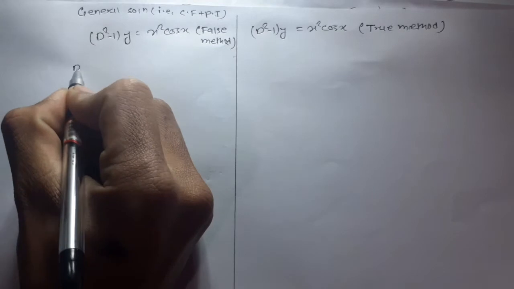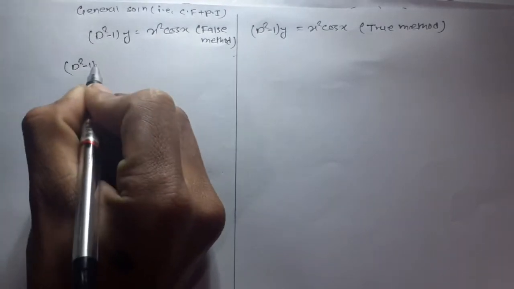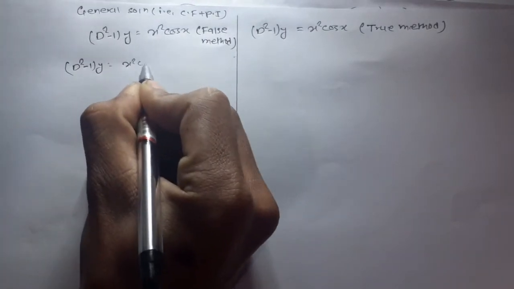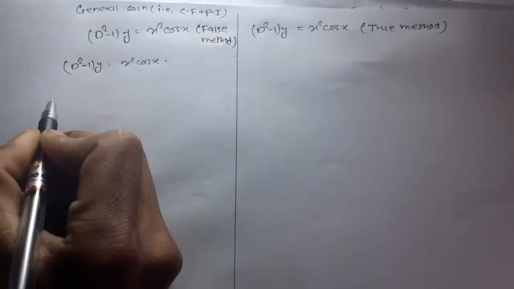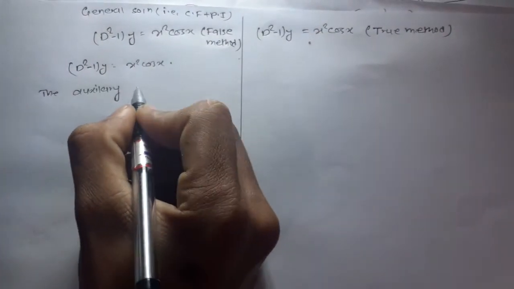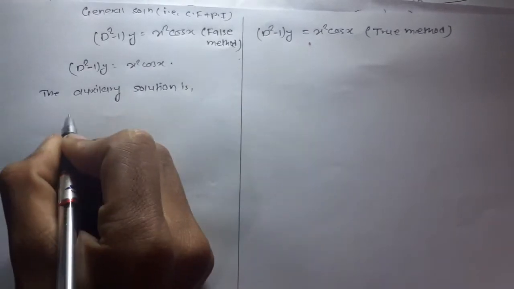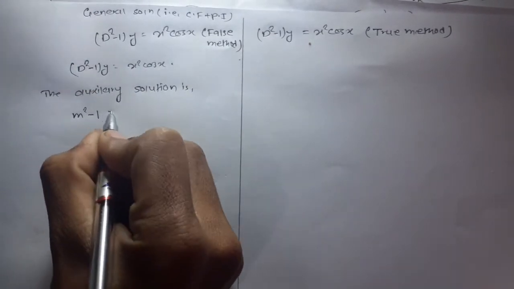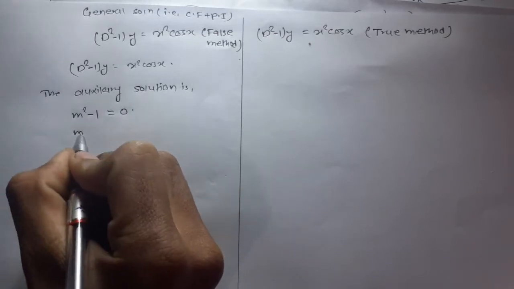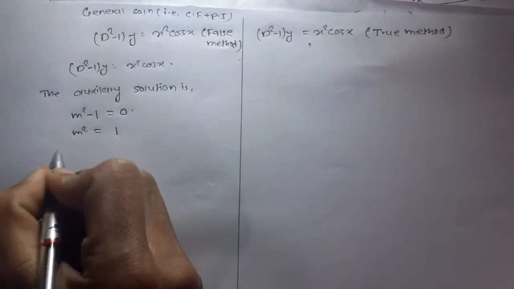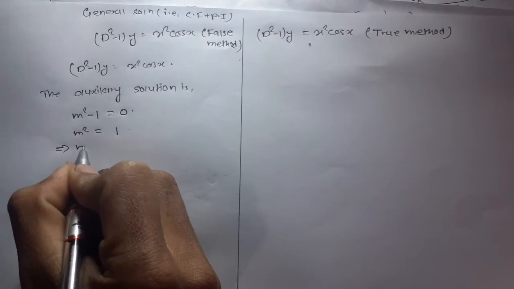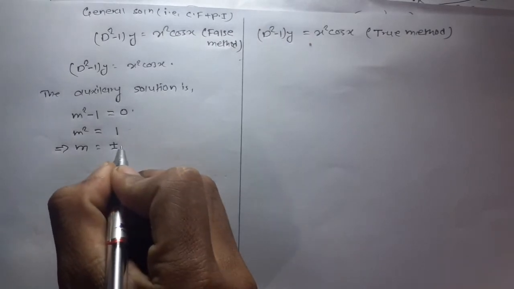The question is (D² − 1)y = x² cos x. So the auxiliary equation is m² − 1 = 0. So m² = 1, and this implies m = ±1.